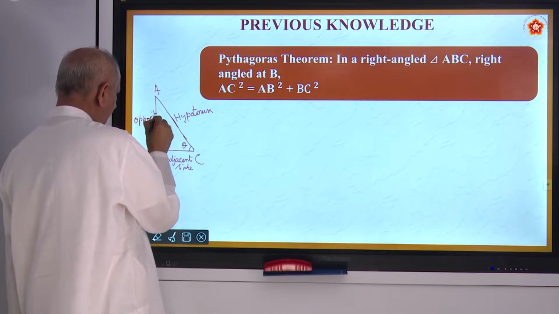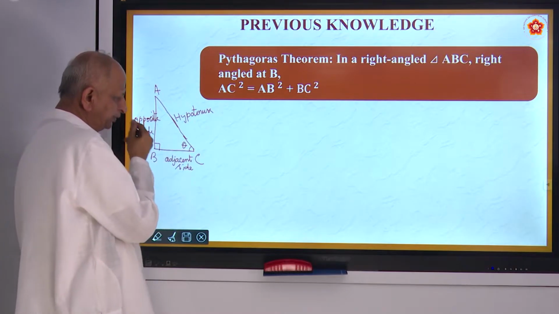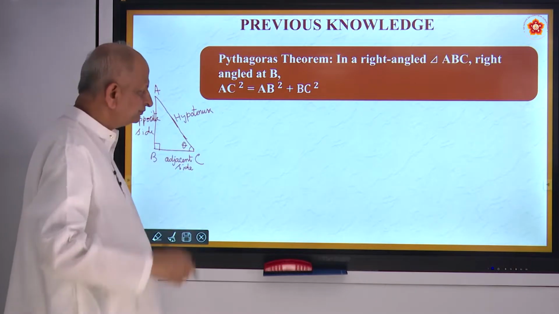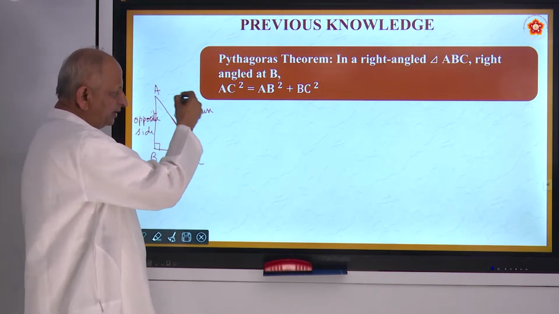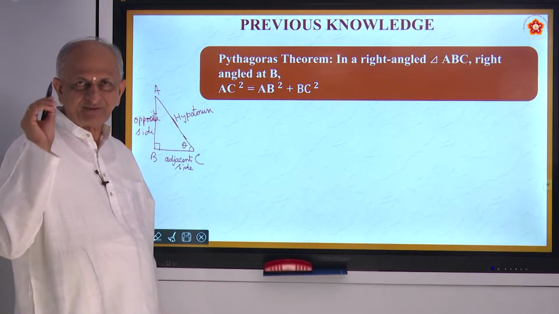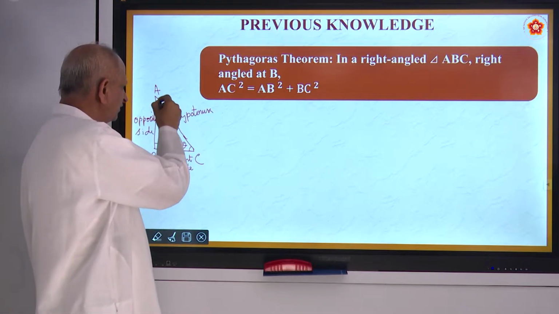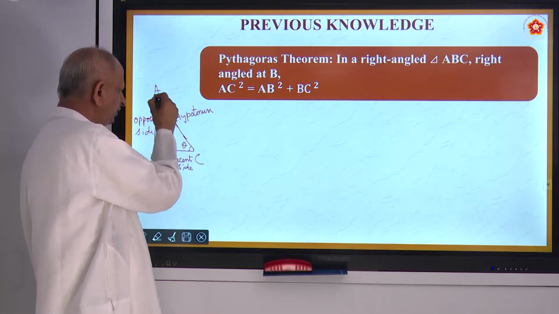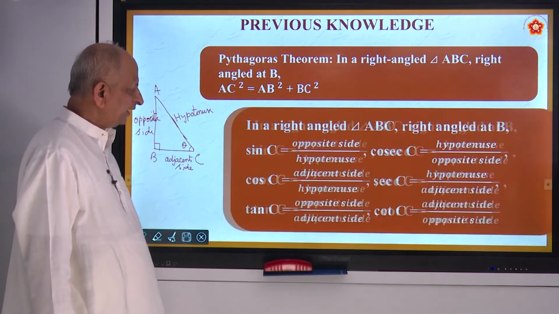You already studied, because it is opposite to the given angle. Is it not? So Pythagoras theorem says the square on the hypotenuse is equal to the sum of the squares of the two sides forming the right angle. So AC square is equal to AB square plus BC square. So that is a right angle triangle.